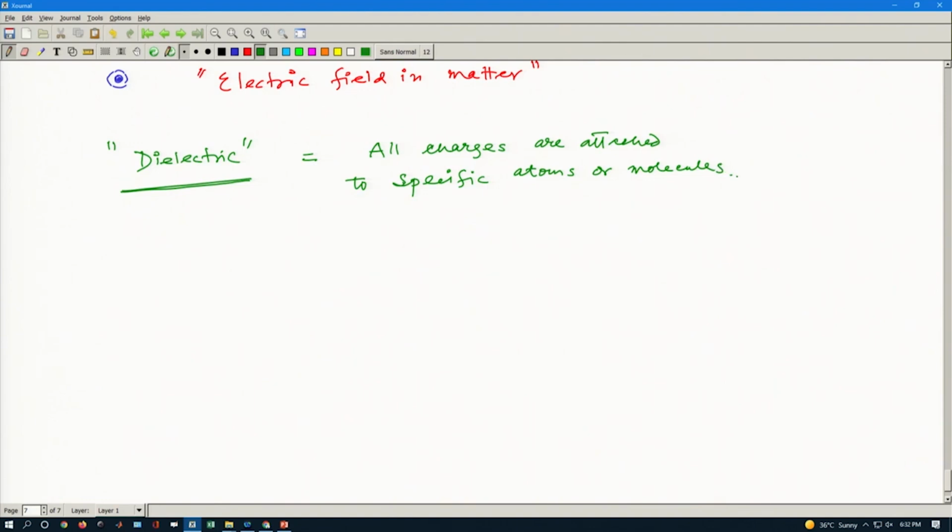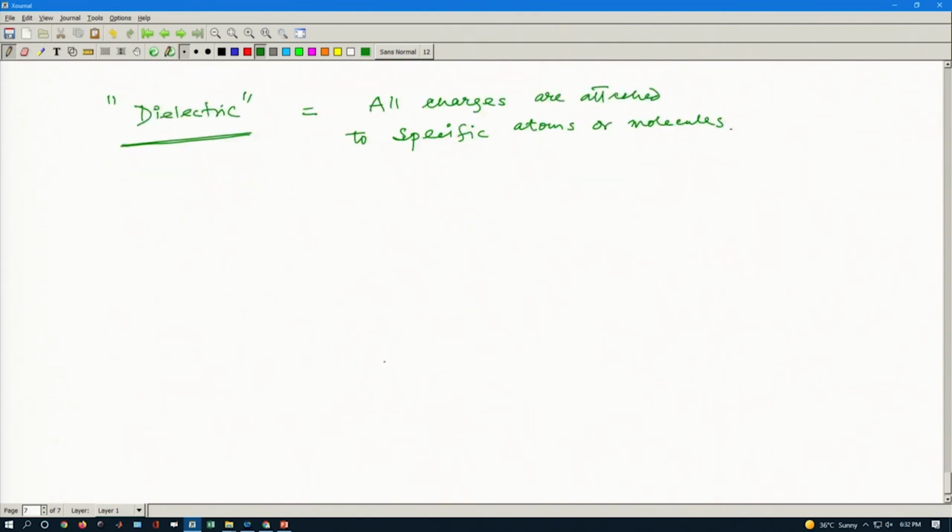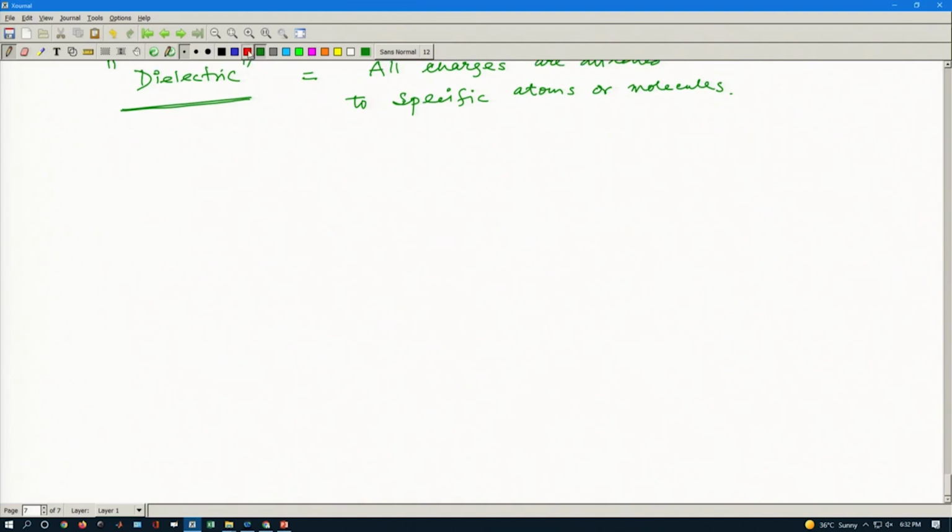So, there is no free electron. Let me draw it here. Suppose this is a dielectric atom or molecule, and the plus charge and the minus charge are superimposed on each other. So, this is a neutral atom.